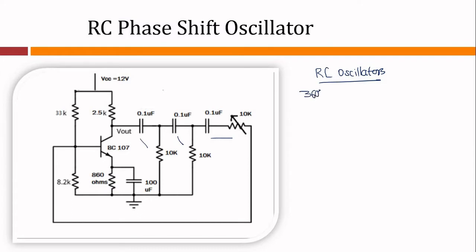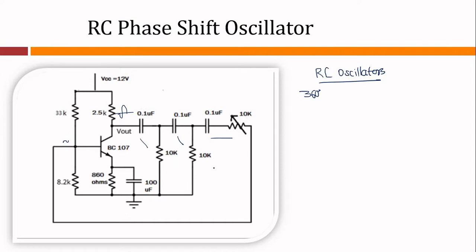Now here you see a transistor connected in an amplifier mode, common emitter configuration. So whatever the signal here at this point will be available at the output in an amplified fashion in the opposite direction. So you have a 180 degree phase shift produced by this circuit in a common emitter configuration, and this signal has to travel down the network, and it has to be again phase shifted by 180 degrees.